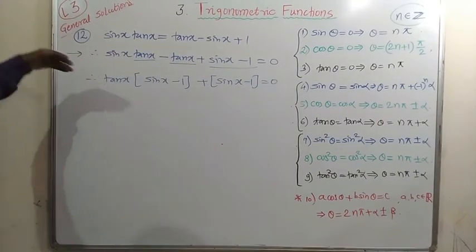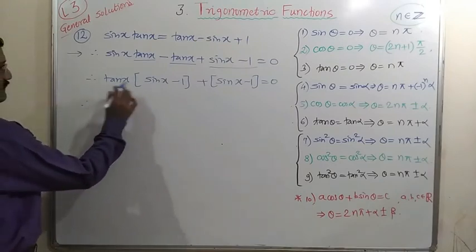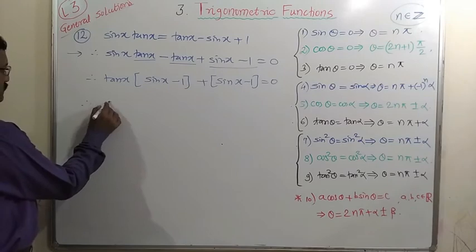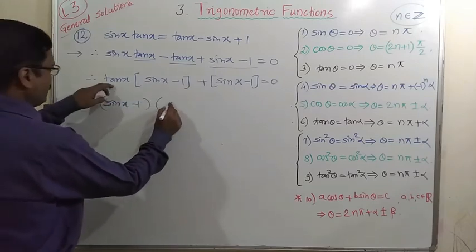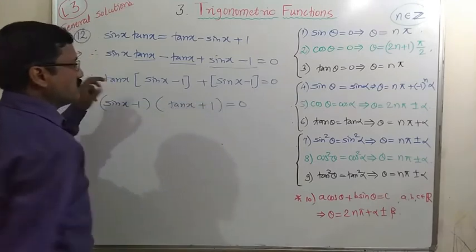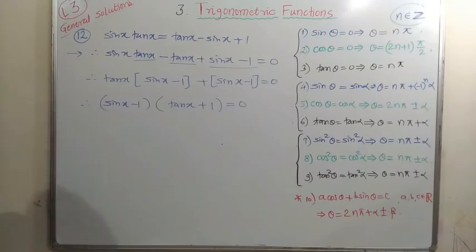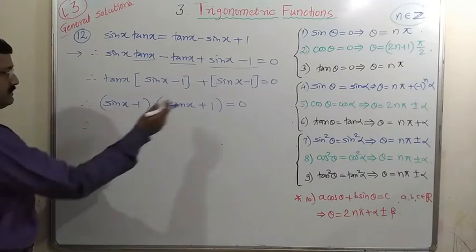So it is very much similar to example number 11. Therefore taking sin x minus 1 common, we get in the second bracket tan x plus 1, that is equal to 0. Okay, therefore here the product of these two terms is 0.